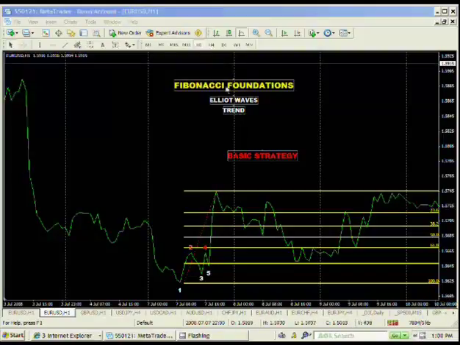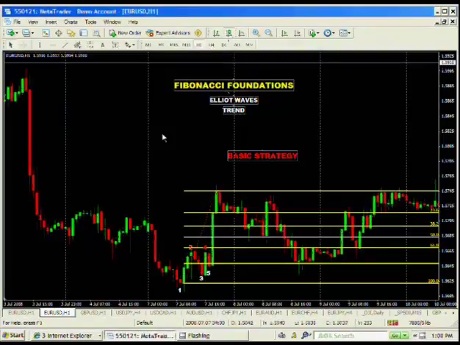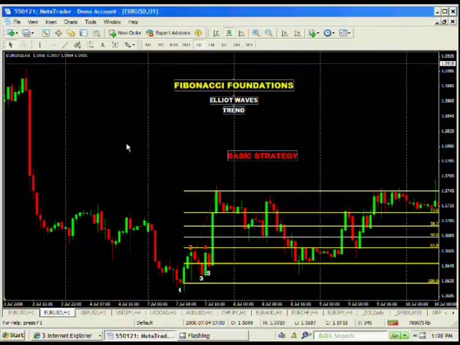But now let's see what it looks like on our bar chart. Okay, on our candlestick chart here, here's the beginning of our up move, and we draw a fib line to the top here, and we see the retracement, or the correction pullback, whichever you want to call it. We come down here, 50%.